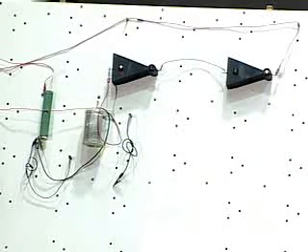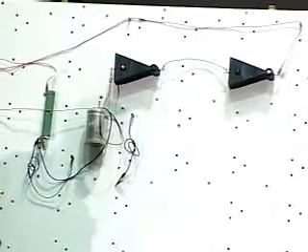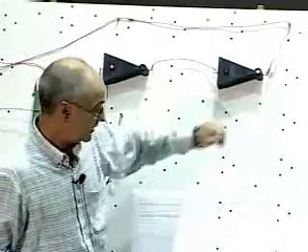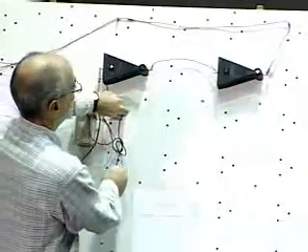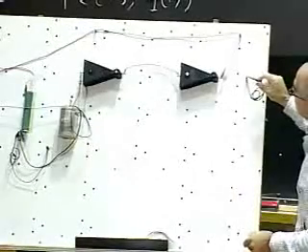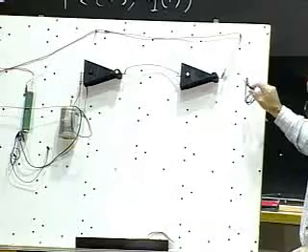Now, there is still one little problem with this kind of configuration, and that is that if I disturb this output, the state may change. So, for example, let's say I disturbed it by coming close to it.